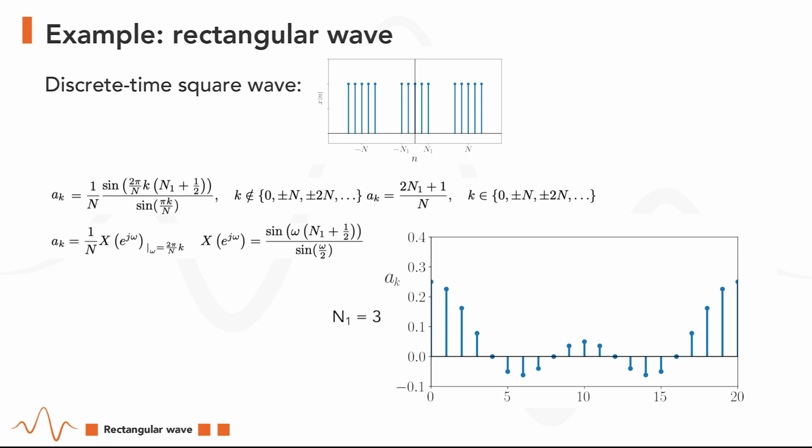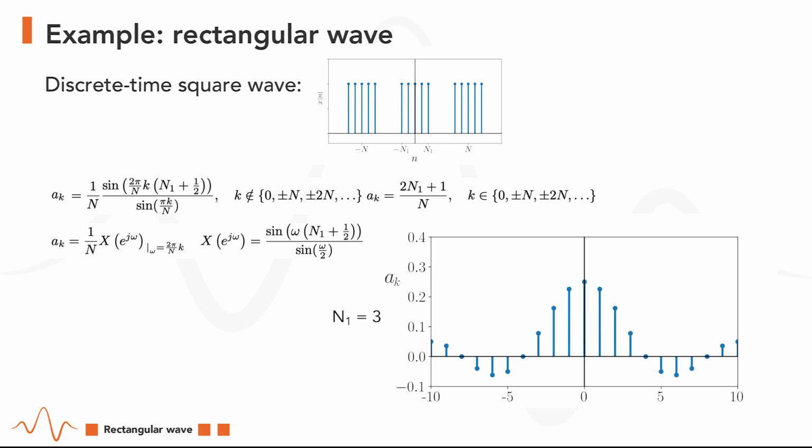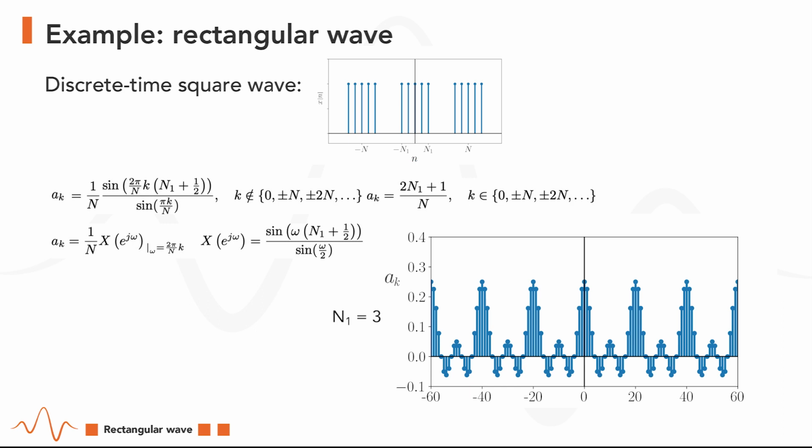For instance, we can plot from k equals -9 until k equals 10. And this contains the same information as in the previous plot. If we plot many ak, we know they will vary periodically, so ak is a periodic function with period 20.